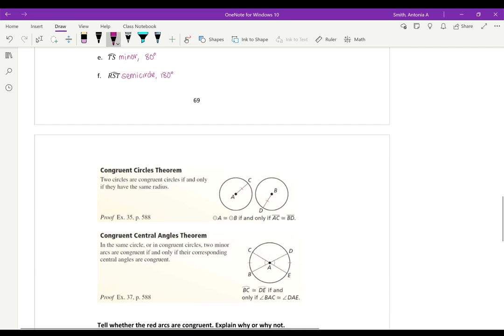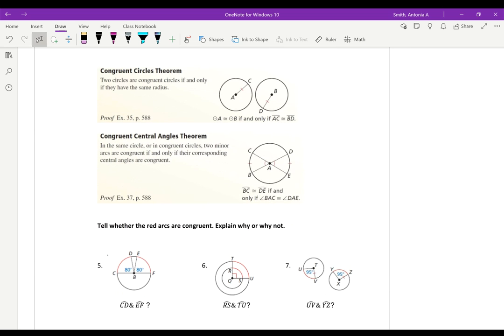Okay, last page. We're going to talk about 2 theorems really quickly. The first one is called the congruent circles theorem, and it says that 2 circles are congruent if and only if they have the same radius. So pretty easy.